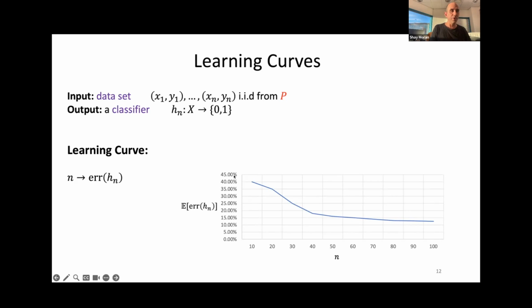So for every algorithm and for every learning problem, we have this learning curve, which is simply a sequence. We think about it as a curve, but formally it is a sequence of real numbers between 0 and 1. The nth element in the sequence is the expected error of the algorithm after being trained on n examples. This object is used both in practice and is studied also in theory to quantify generalization.